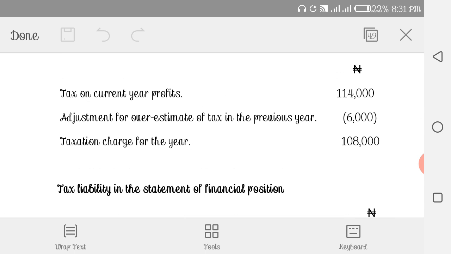We are given that there is an over estimation, that is over provision in 2012, which is 6,000. And when you subtract from that, you will less your over provision. You will now have your 108,000 as the charge, as the tax that will be paid in the current period.